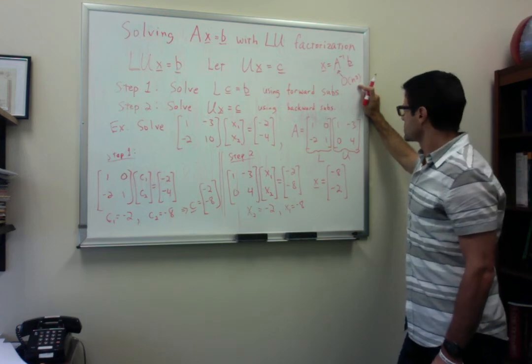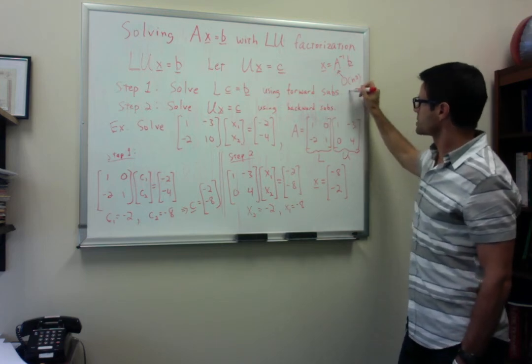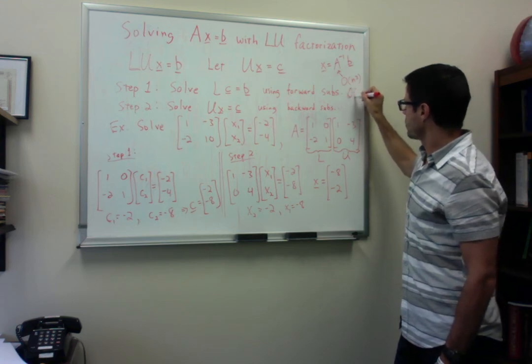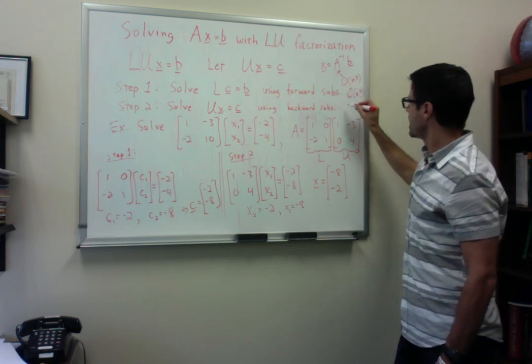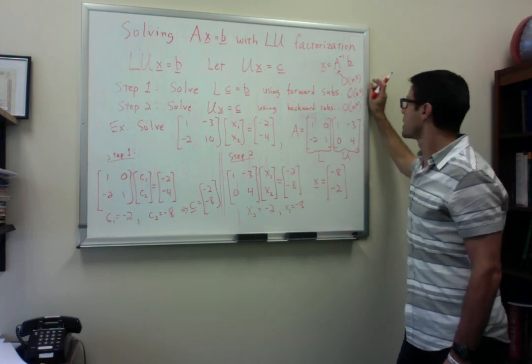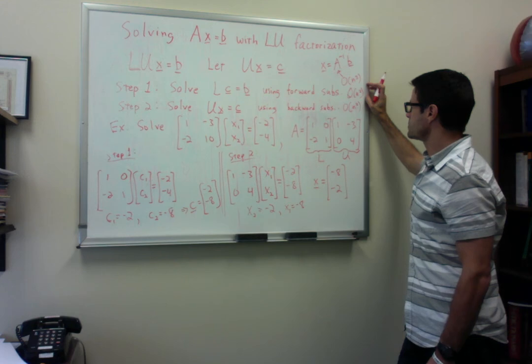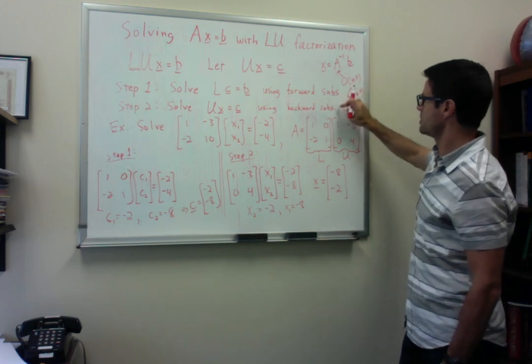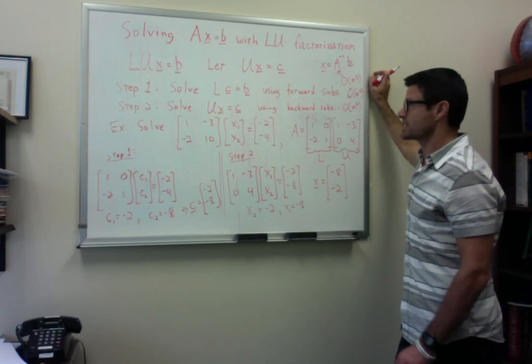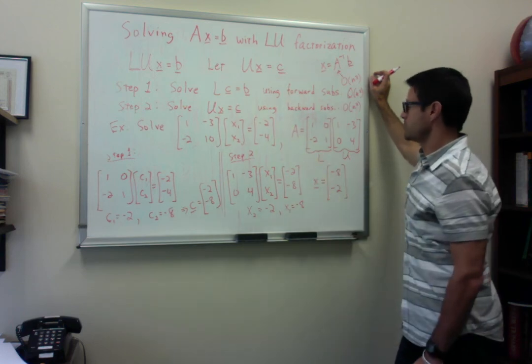It turns out that doing either forward substitution or backward substitution takes on the order of n squared operations, which is much better. Means it takes less time to do forward substitution and back substitution as opposed to finding an inverse. So that's why we would want to use the LU factorization.